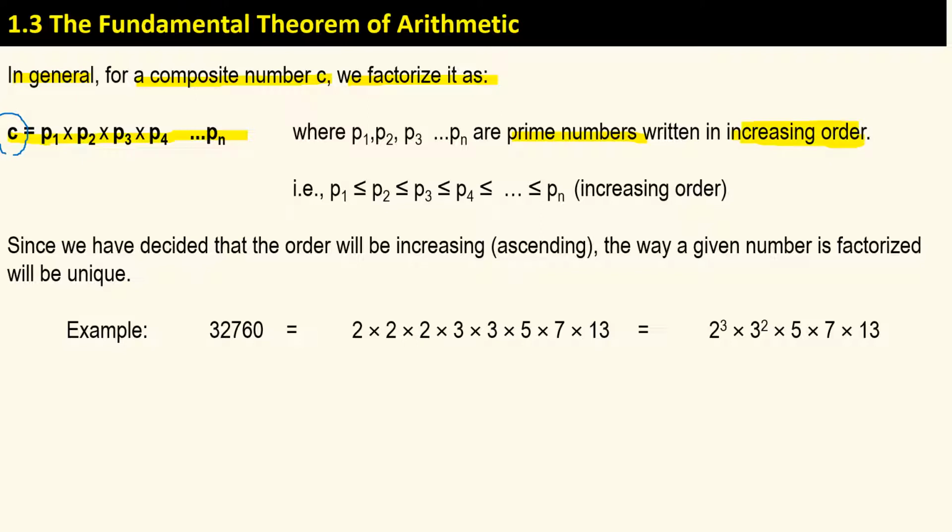This ascending order is important, and it can be expressed mathematically as P1 is less than or equal to P2 is less than or equal to P3 is less than or equal to P4 and all the way up to Pn.